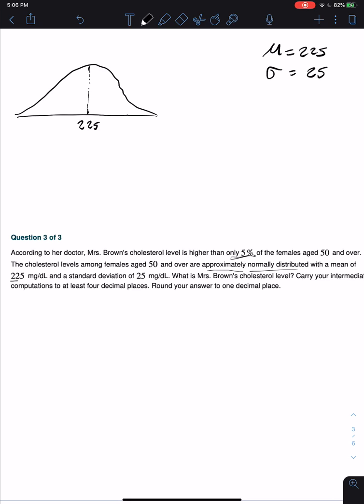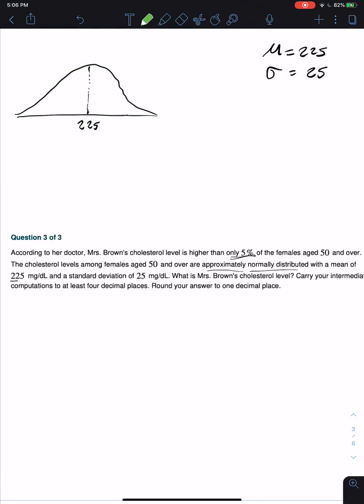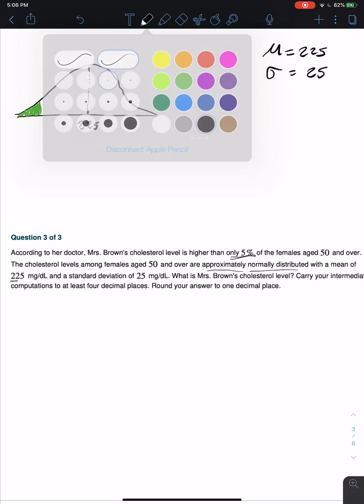Okay, let's see. Use another color there. So this says Mrs. Brown's cholesterol level is higher than only 5%. So 5% is this little bit of the tail. That's probably too much, but that's my drawing. I'm going to stick with it.